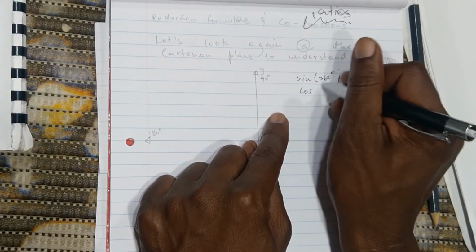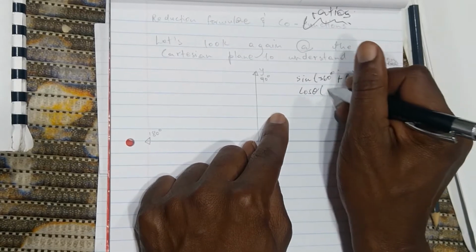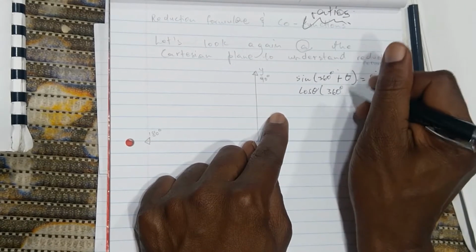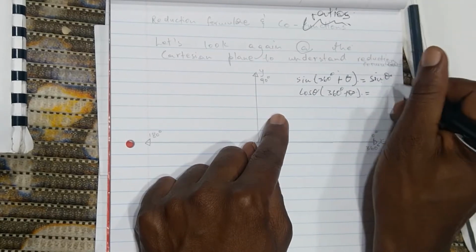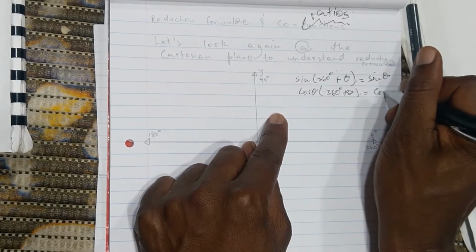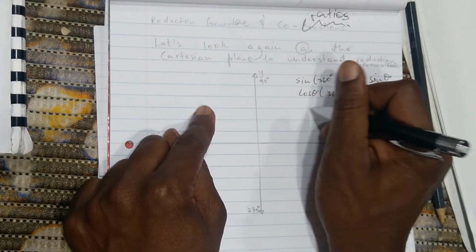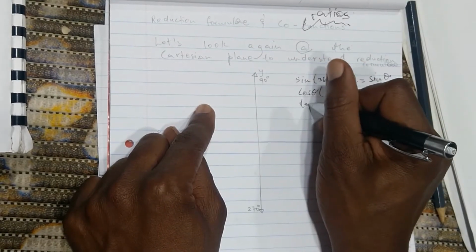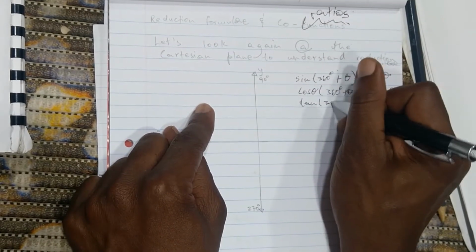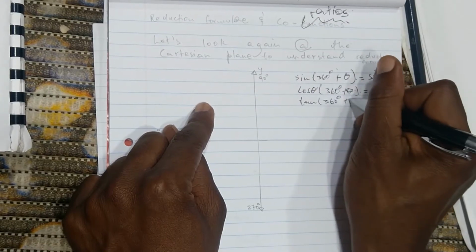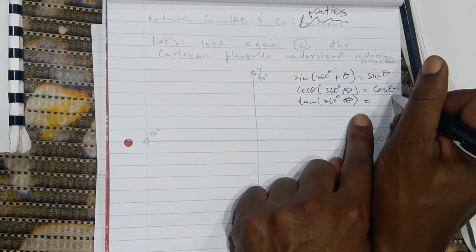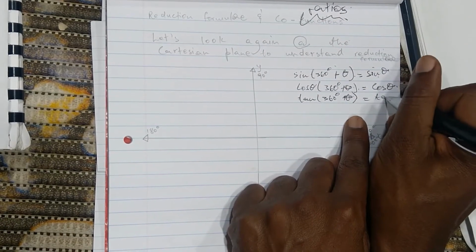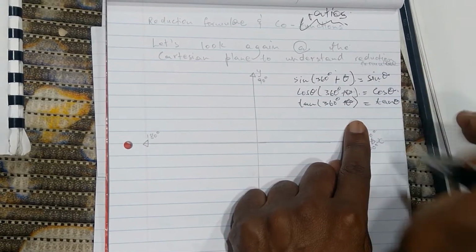The same thing you can do for cos of 360 degrees plus theta. Again here it will be just the cos of theta, and the tan of 360 degrees plus angle theta is now equal to the tan of theta.